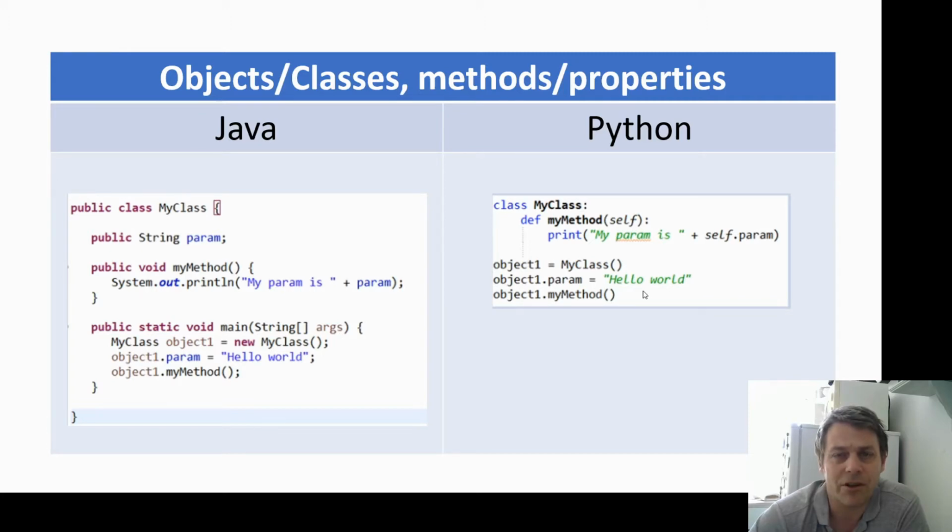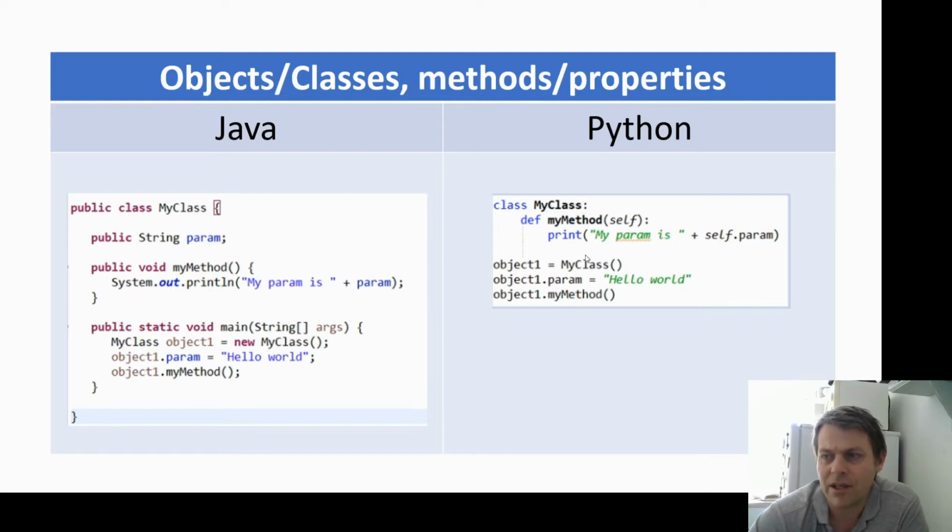And it can be referred to. Self is the equivalent of this in Java. Now the other thing, instead of using curly brackets, we seem to be using indentation. Now I've got another slide a bit more about that, so I'll go back to that.